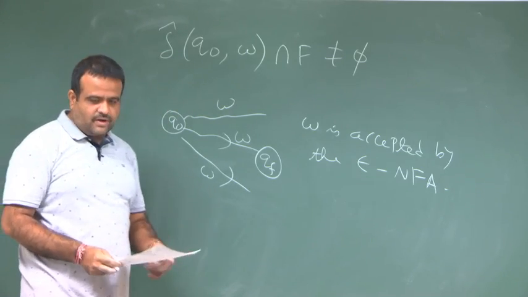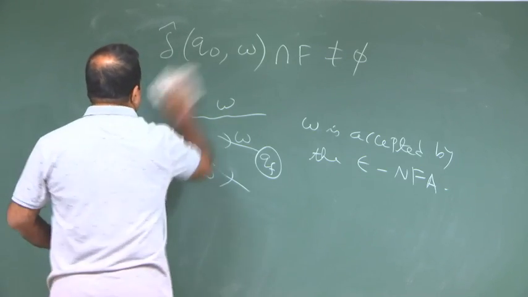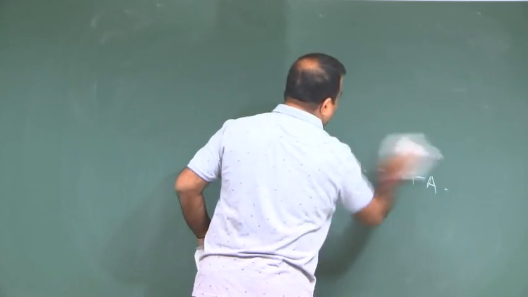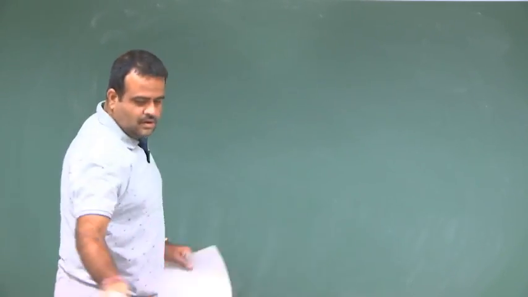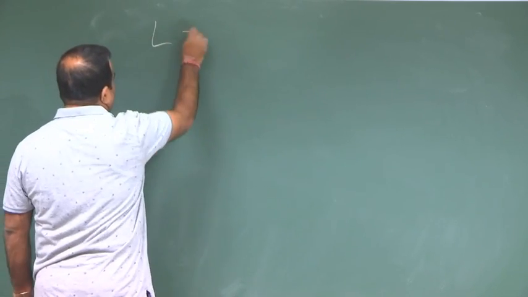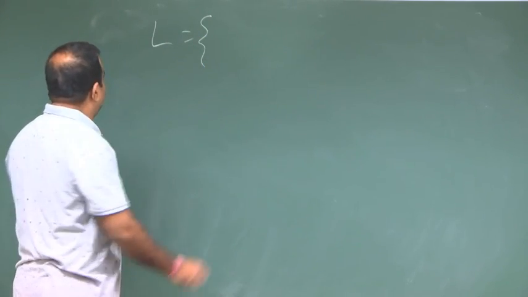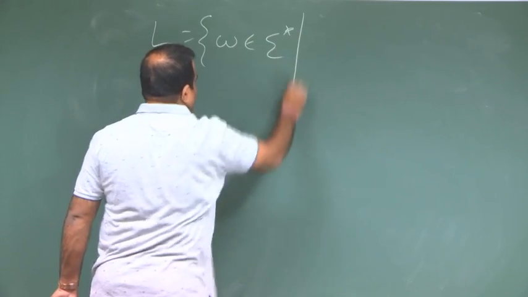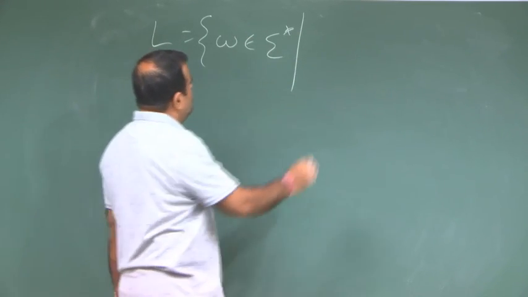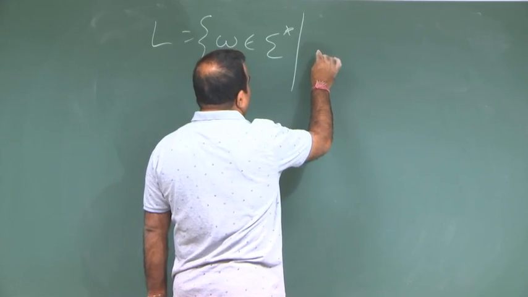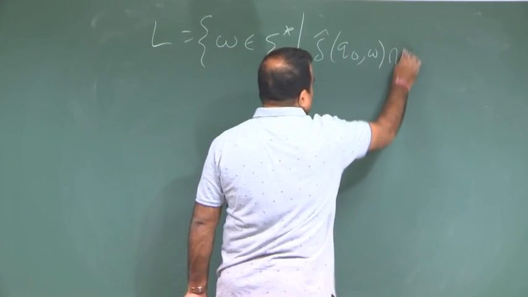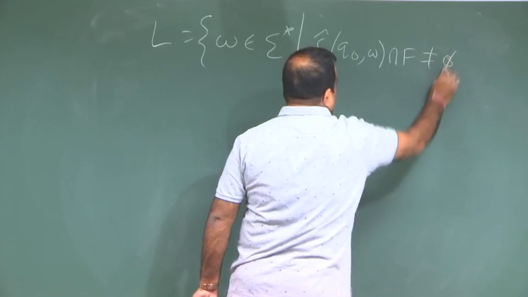Okay. We can go back to the last example, and the language of this is, the language of the epsilon NFA is nothing but the set of all w such that delta hat of q0 w is not null.